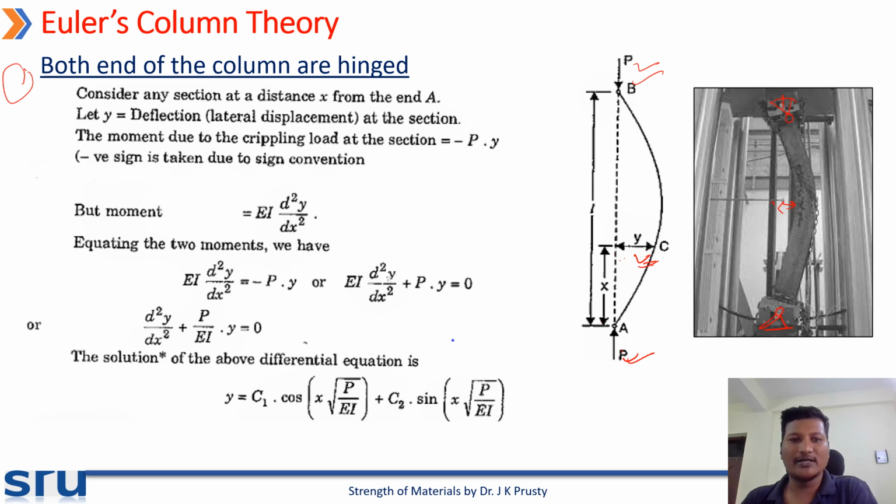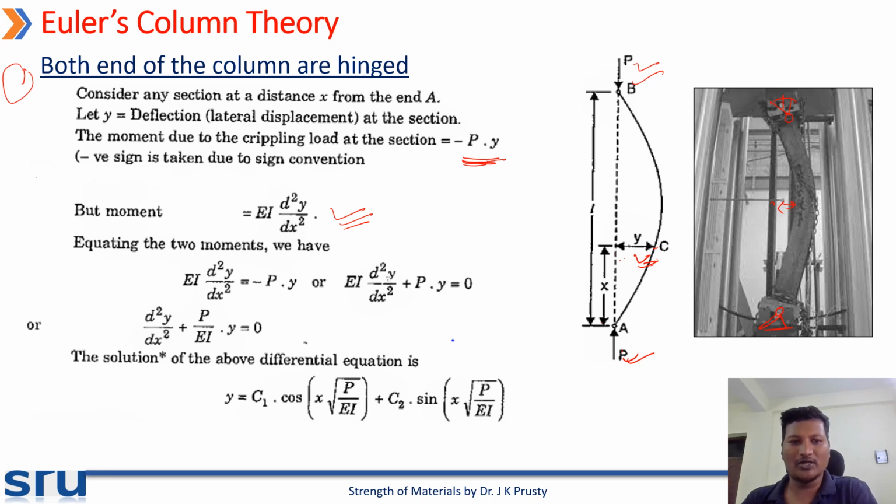So what would be the moment due to the crippling load at this section? It is P into y, load into this displacement, and there is a negative sign because of the sign convention. There is a concavity versus the initial axis of the column, so there is a negative sign. But we know the moment is EI d square y by dx square.